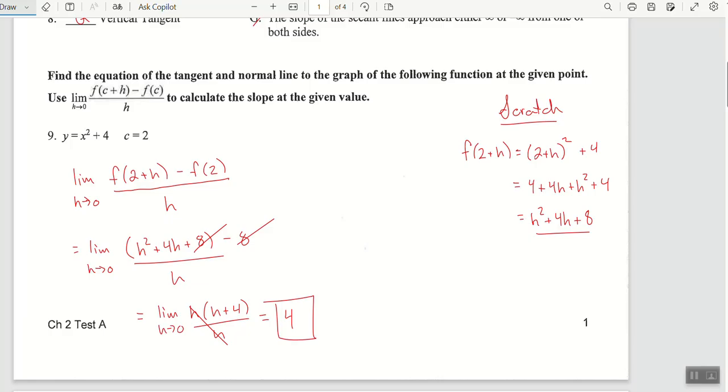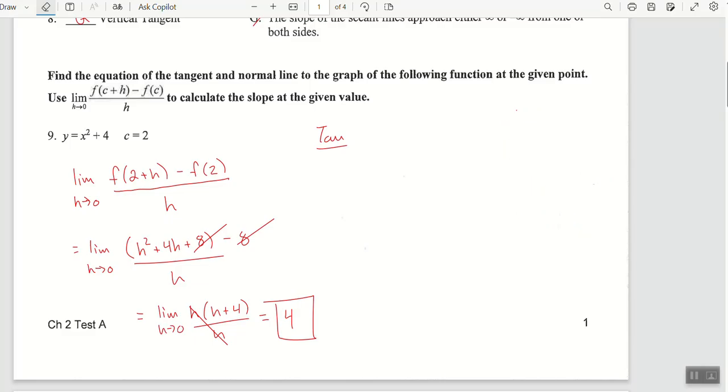Okay, so there's step 1 of this problem. They don't break it into part A, part B, part C like I normally do, but that's okay. We need the slope. We'll do tangent first. What is the slope of my tangent line when c is 2? 4. And if you want to find the equation of a line, you need the slope. So the slope m equals 4.